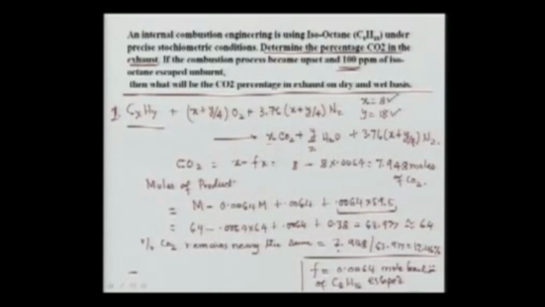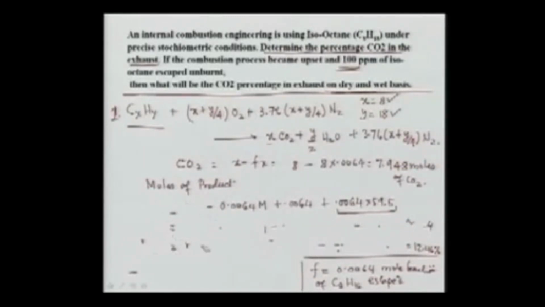Okay, and now another part of the question says exhaust on dry basis. So this was the wet basis because we had considered the moisture. If you don't consider the moisture, then what will be the value? So I can remove this now. I will not consider the moisture, and I can find out on the dry basis.